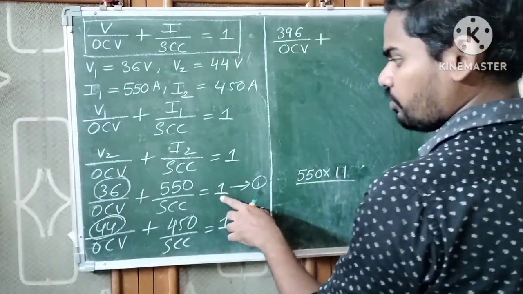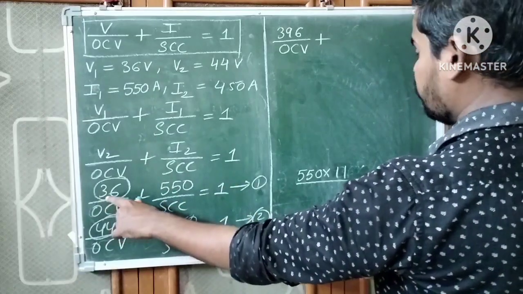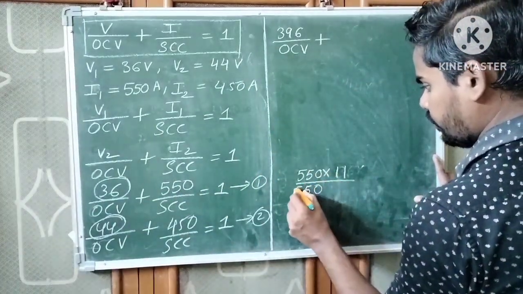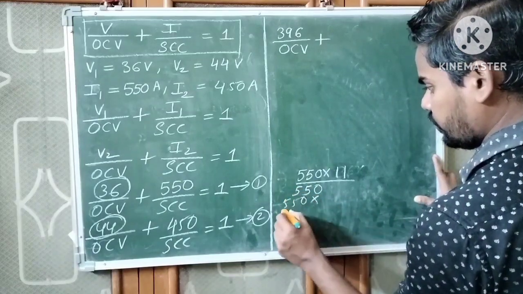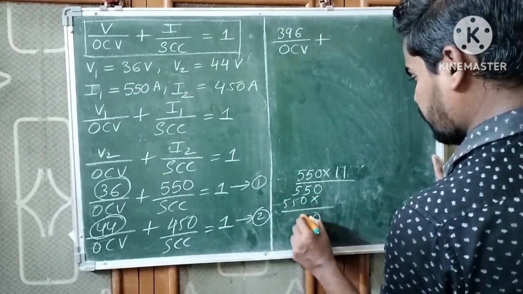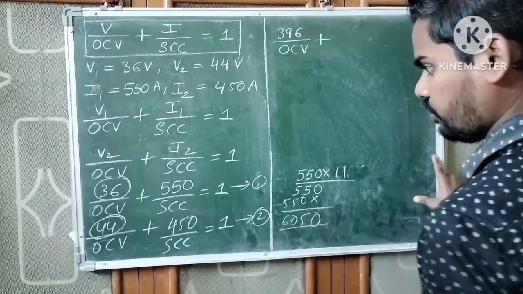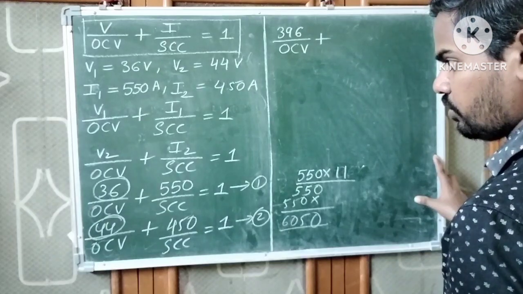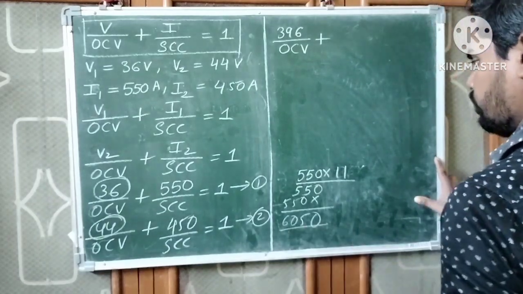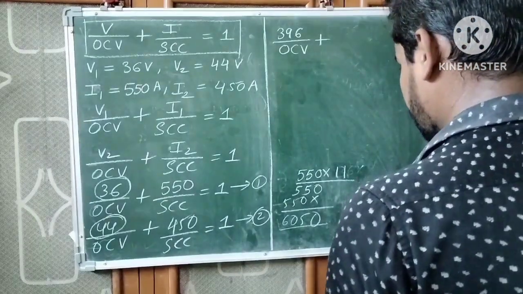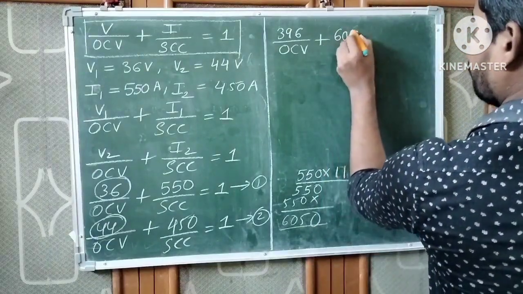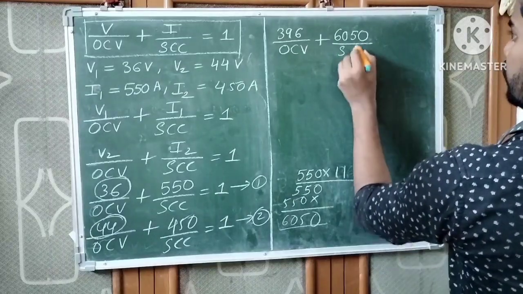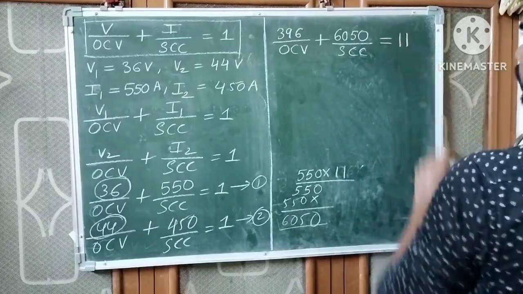Sorry, not 36. So we have to multiply equation number 1 by 11: 11 into 36 is 396 and 11 into 550 is 6050. You will get 6050 by SCC is equal to 11.